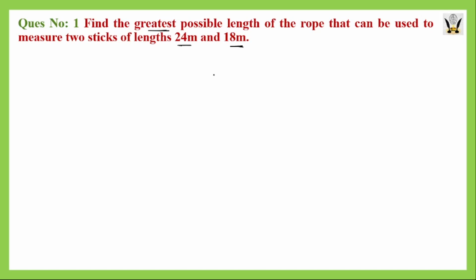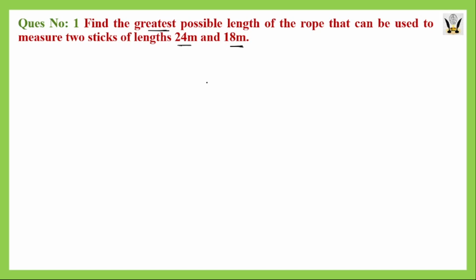But what will happen in this case? To measure the stick of length 24 meter, we have to repeat that measurement 24 times, since the length of the rope we have chosen is 1 meter. And to measure the stick of 18 meter length, we have to repeat that measurement 18 times. But that is not acceptable.